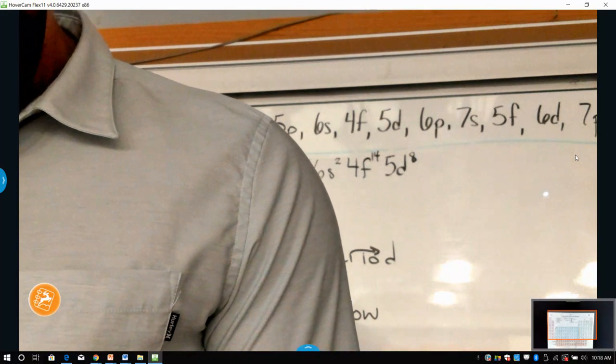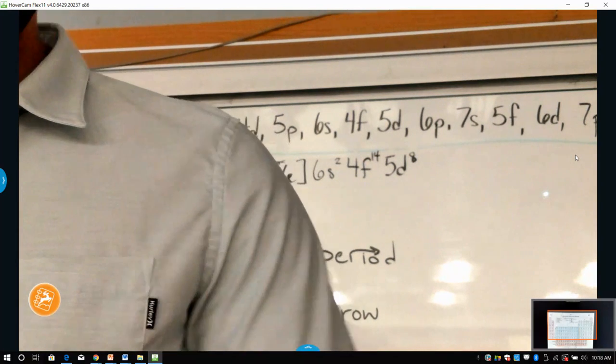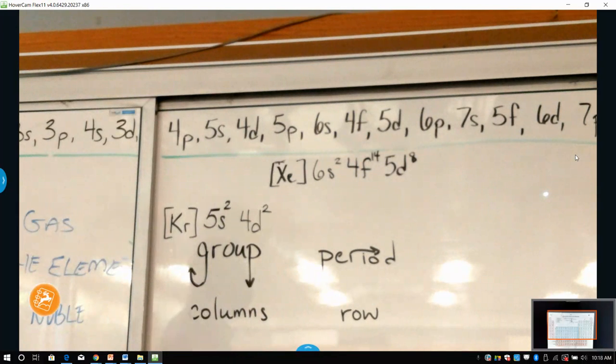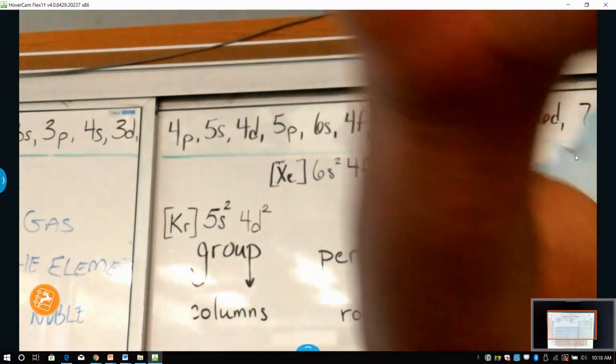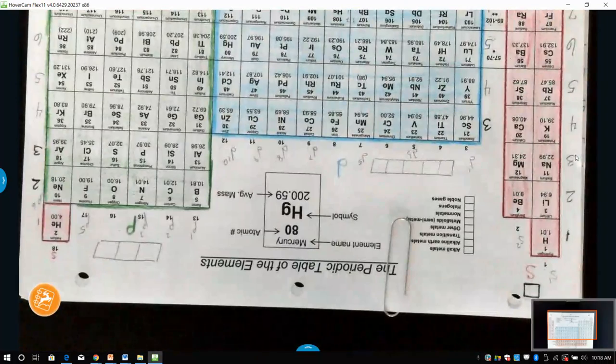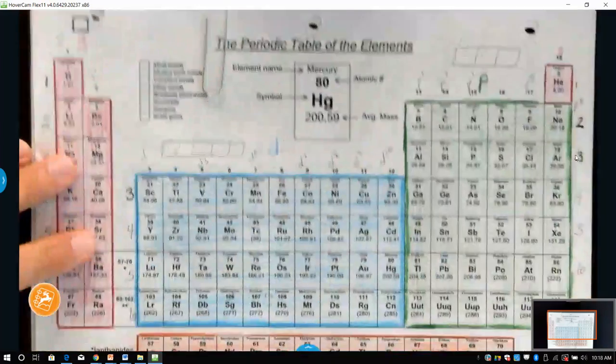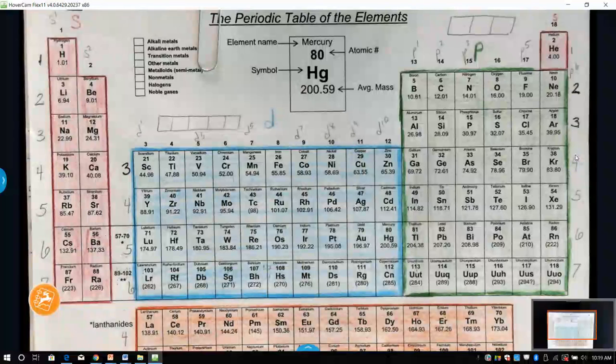So if I said, hey, let's do lead. Lead is Pb, element 82. So where does Pb finish? It finishes at 6p2. And what is the noble gas that comes before it? Xenon.